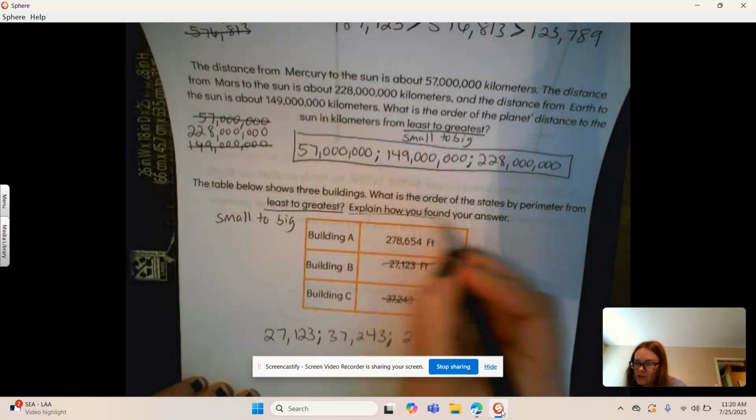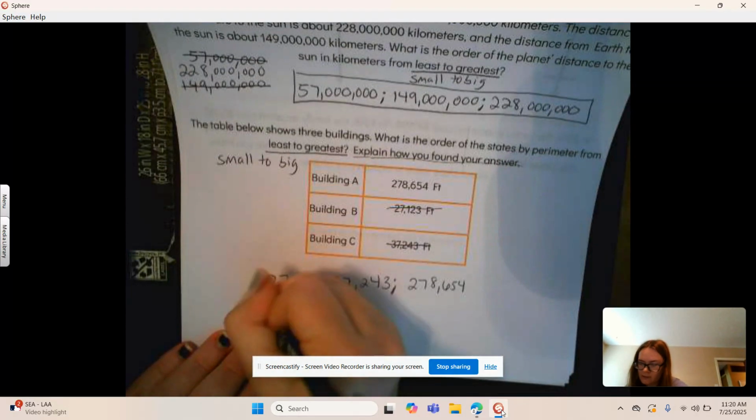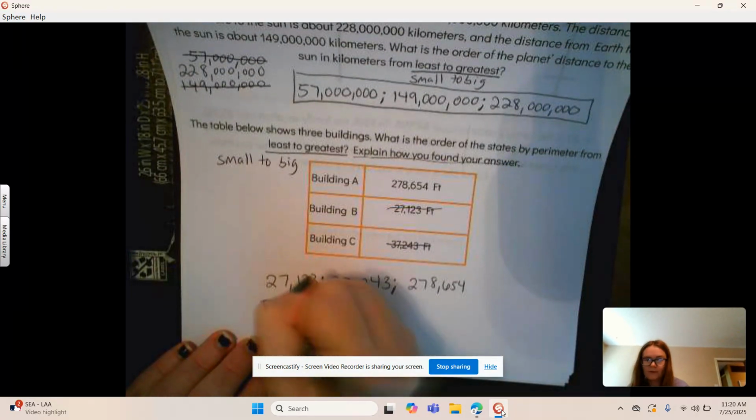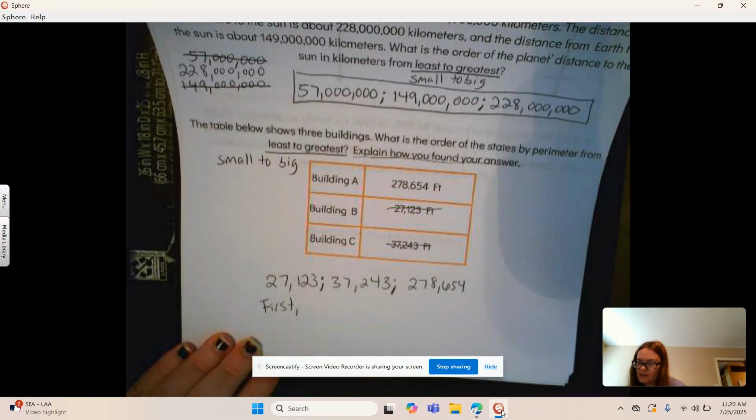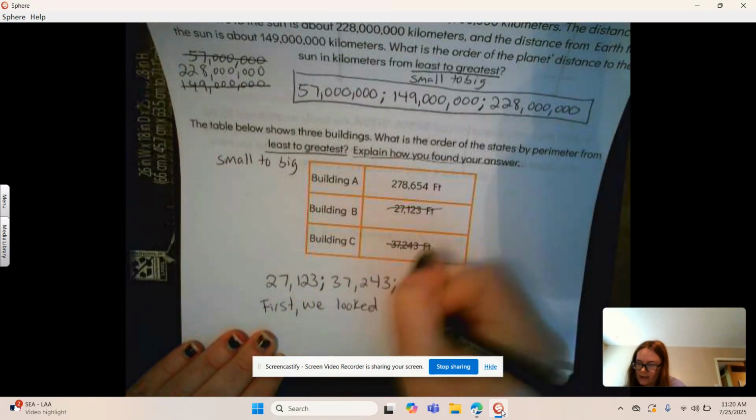Explain how you found your answer. So what did we do? First, we looked at the place value from left to right.